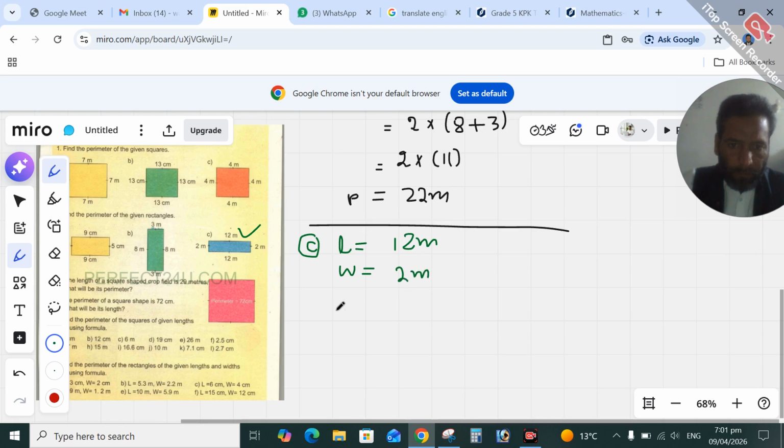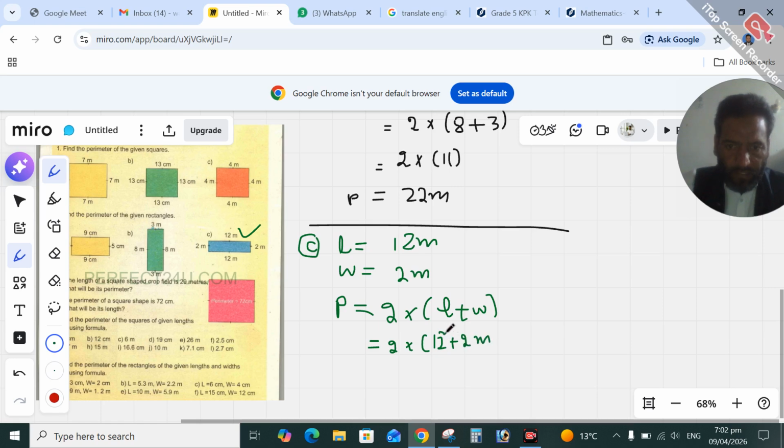Now the perimeter of the rectangular shape by formula is 2 times length plus width, and this is 2 times length, 12 meter, plus width, 2 meter.